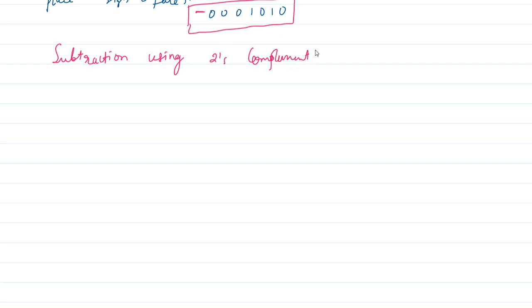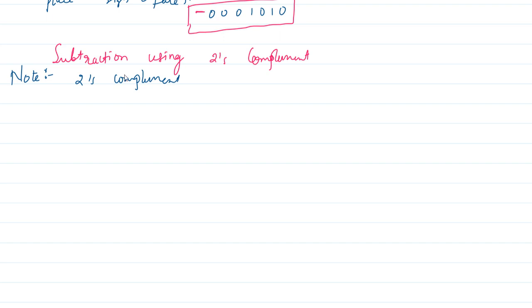Okay. Usually, you remember one more thing. I write as a note that digital systems always use 2's complement for subtraction. Digital systems always use 2's complement for subtraction.